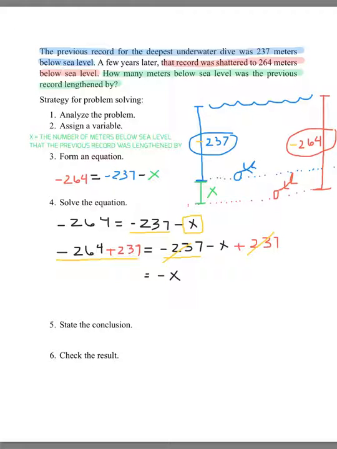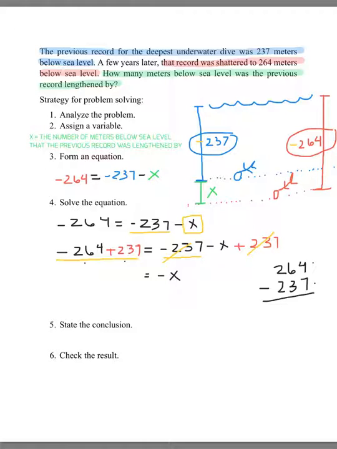So in this case, the absolute value of negative 264 is a positive 264, and the absolute value of 237 is simply 237. So the bigger of the two is going to be 264, and the smaller is going to be 237. So we're going to subtract these two. We'll do 4 minus 7.